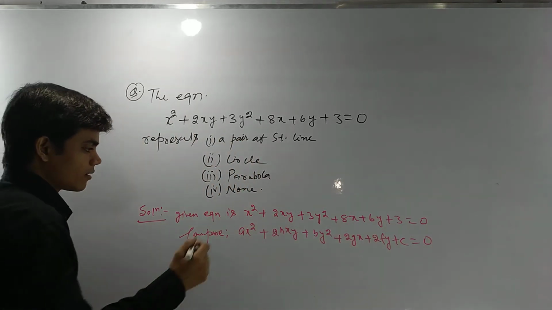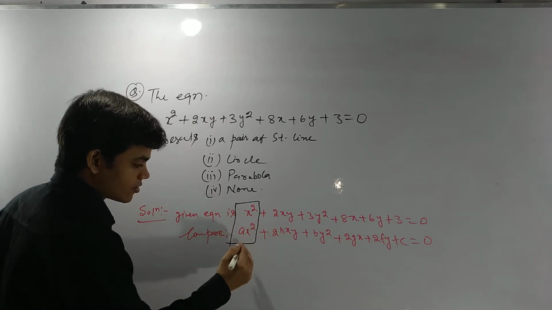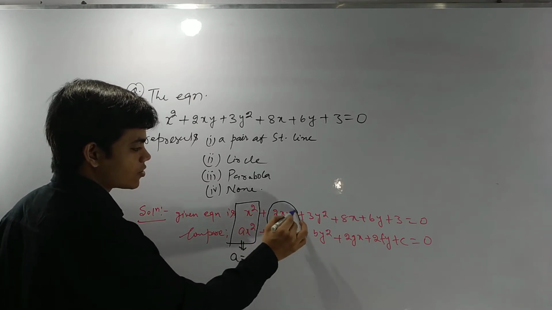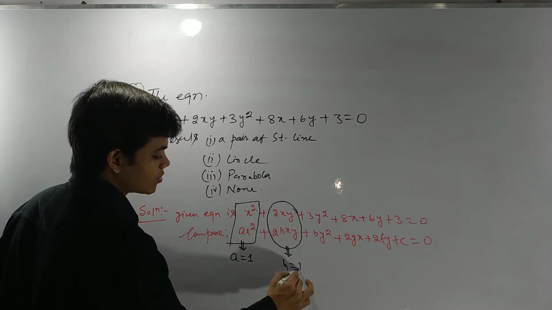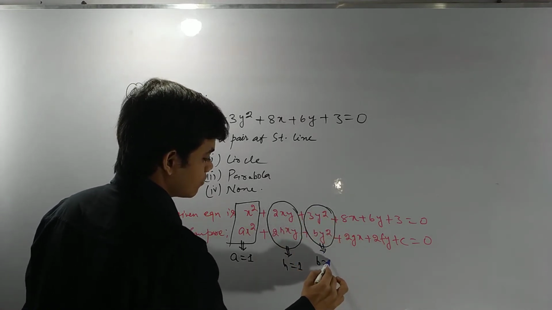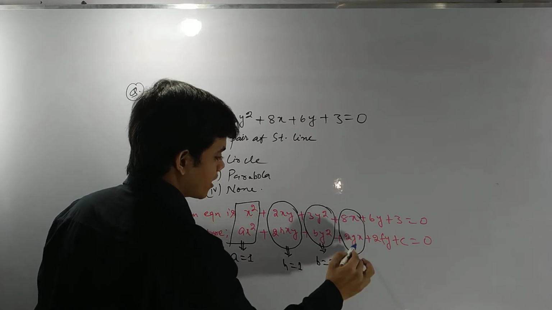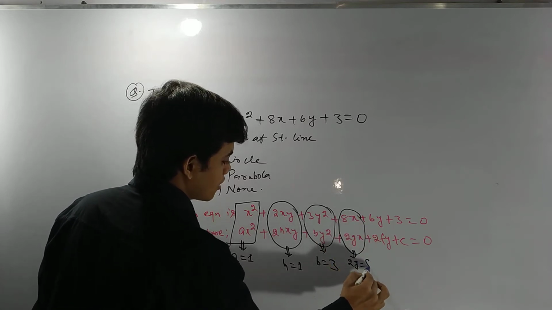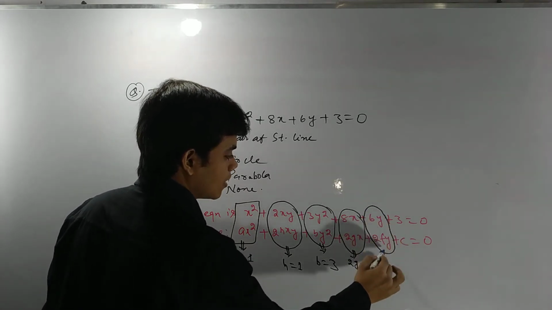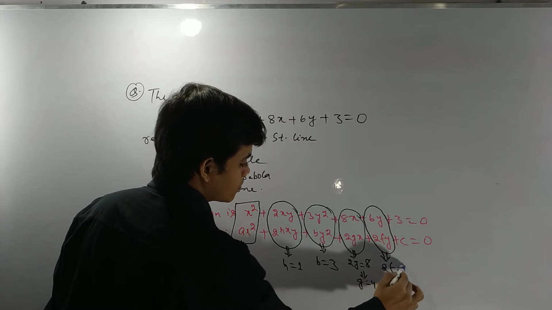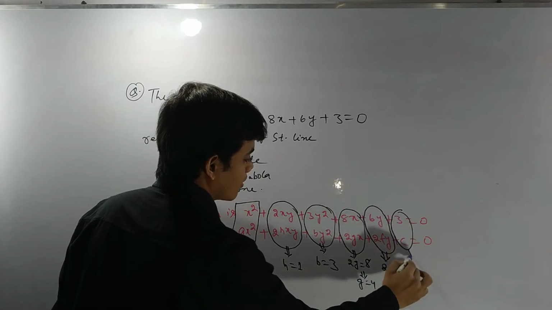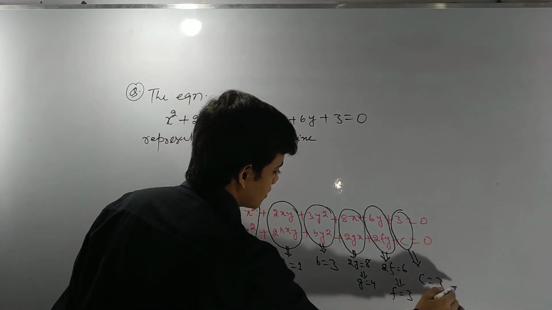After comparing, you are getting a is equal to 1, h is equal to 1, b is equal to 3, 2g is equal to 8 which implies g is equal to 4, 2f is equal to 6 which implies f is equal to 3, and c is equal to 3.